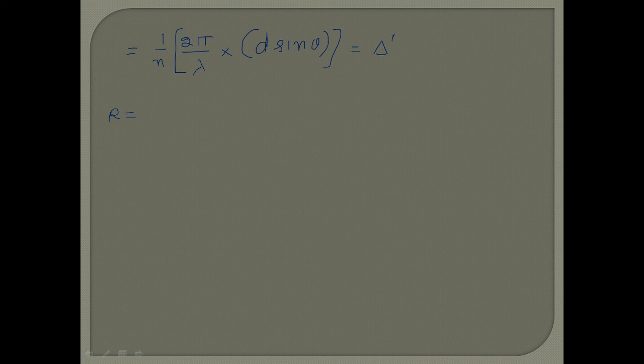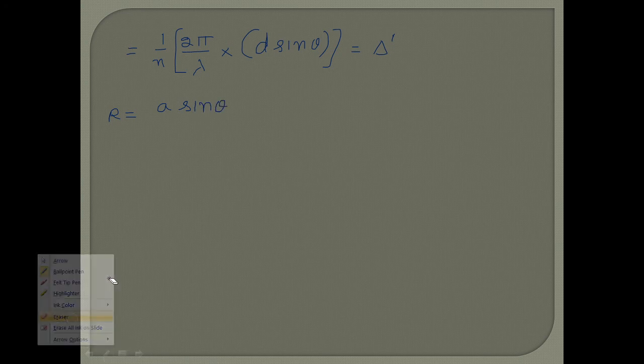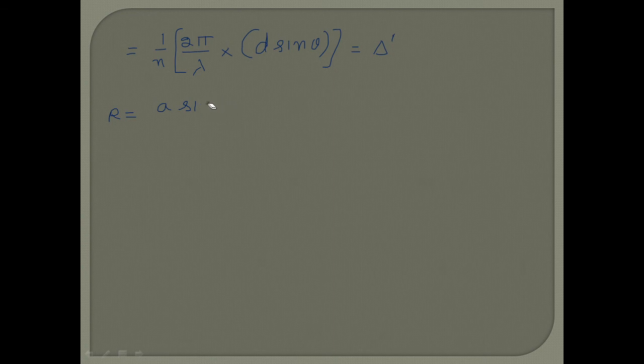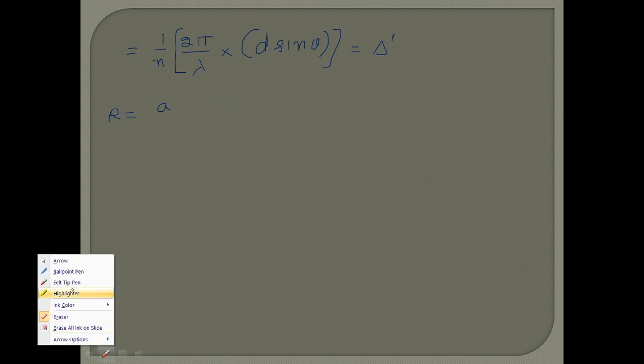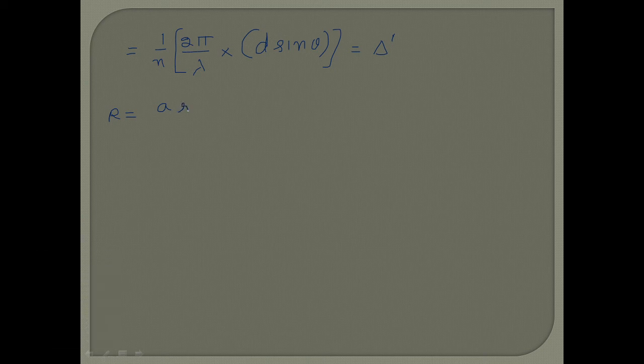R is calculated with A sine n delta dash divided by sine delta dash divided by 2.